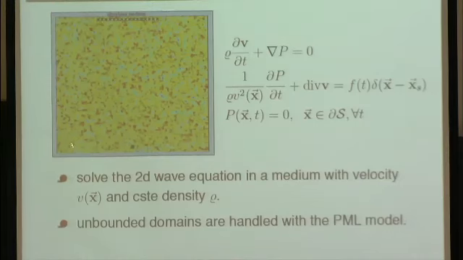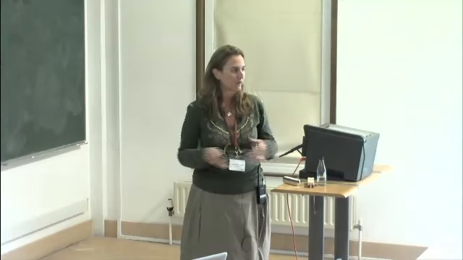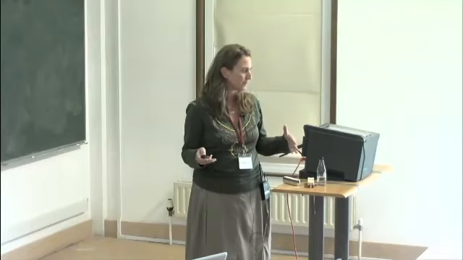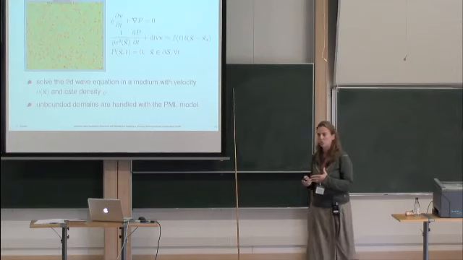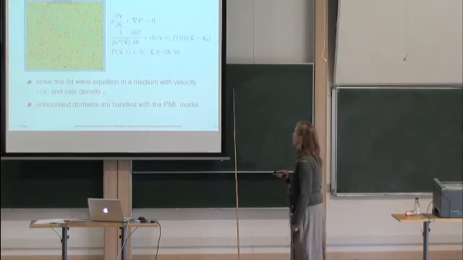In practice, in the experiments, we look only at a part of the material, but the material is bigger, so we need to model wave propagation in an infinite domain. This is done numerically with the perfectly matched layer model. It models wave propagation at infinity and doesn't allow reflections to come back to the computational domain.